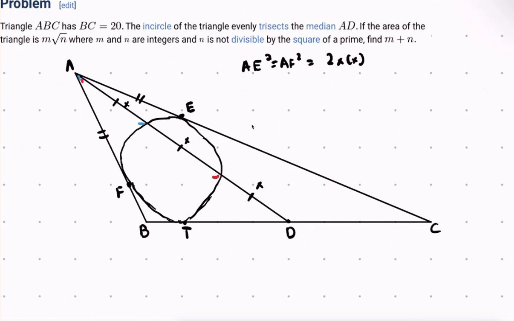But now notice that we have 2x times x here too, right? And so that means that our length over here, DT, will also be equal to this. It's equal to DT squared, which means that AE equals AF equals DT equals x root 2, since we took the square root of this. So we can write that in on our diagram.